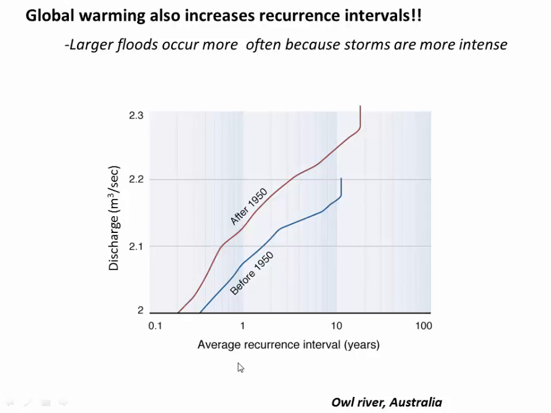There's not a lot of data on this, but here's one plot from the Owl River in Australia, which shows that before 1950, a 2.1 cubic meter per second flood might have occurred about every 2 years, and now, after 1950, that same size flood appears to happen at least every year. So again, we have to be careful using historical data to forecast the future because conditions may have changed.